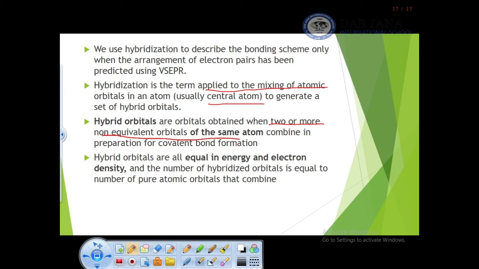We will see it later on. What's the meaning of hybrid orbital? Something we should know, and it's very important, is that they are all equal in energy and electron density, okay? And the number of hybridized orbitals is equal to the number of pure atomic orbitals that combine.